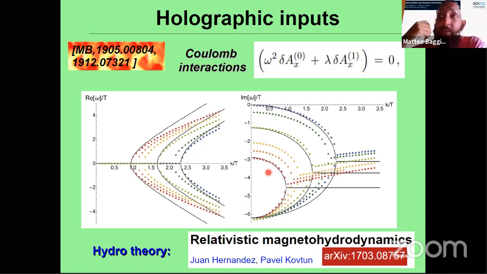In order to do this in holography, you have to slightly change the boundary condition for your fluctuations in this way, where this parameter lambda determines the coupling of the Coulomb interaction. This is the leading and this is the subleading. Usually, to compute the quasi-normal modes, you just set the leading to zero and forget about this. Now this is a mixed boundary condition that mixes the leading with the subleading in a specific way.